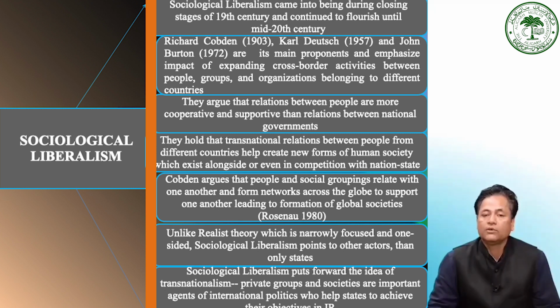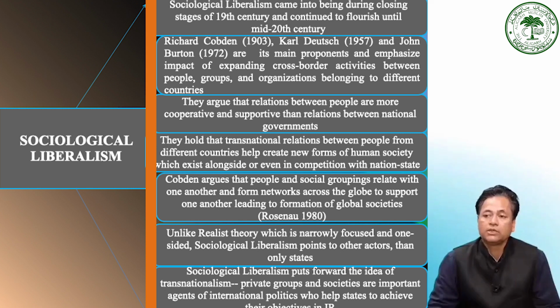So this kind of relationship between people, groups, and organizations has helped to build a new form of human society, and sometimes it is also in competition with the nation state. Cobden argues that interaction across the world can take place between different societies. According to this view, people and social groupings relate with one another and form networks across the globe to support one another.